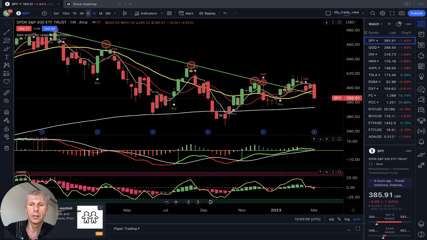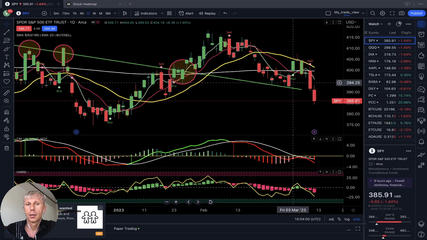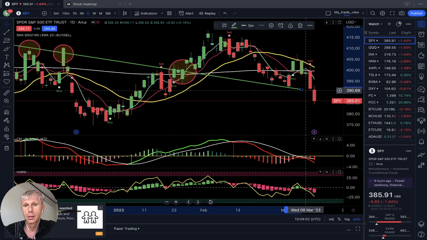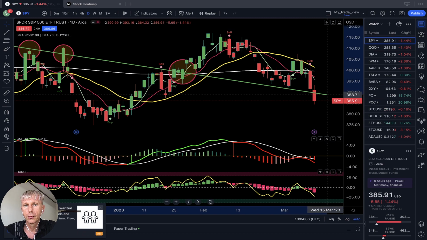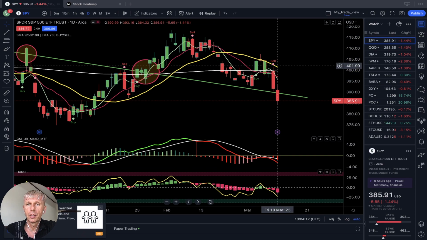Let's move to the daily time frame. Let me extend this major trend line. It's below the major trend line. MA20 is ready to do a bearish crossover, a bearish sell signal in the script, a bearish crossover on the moving averages.